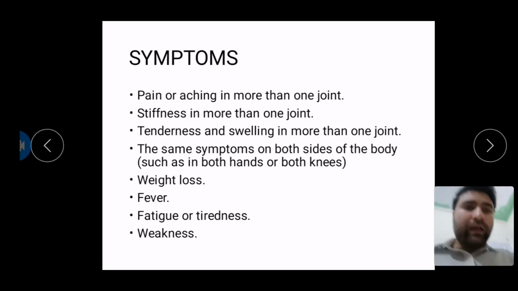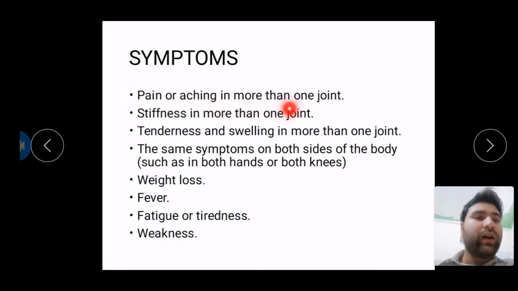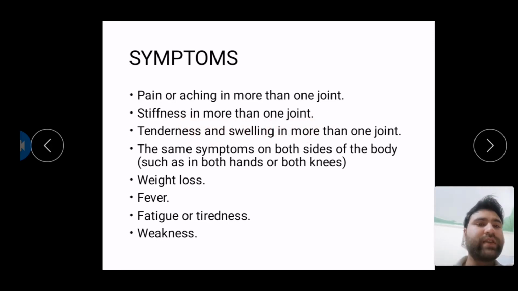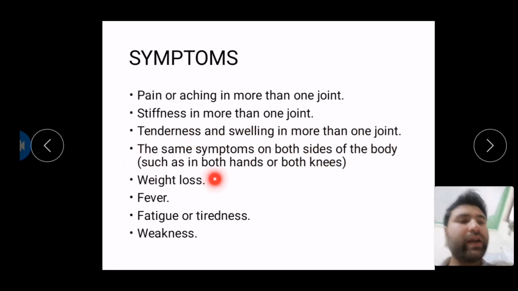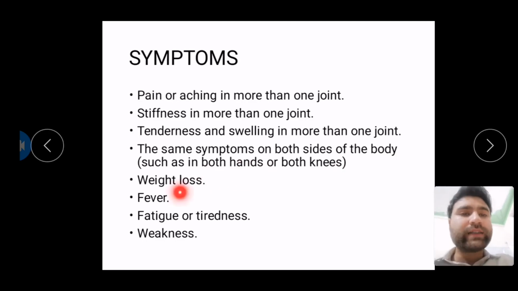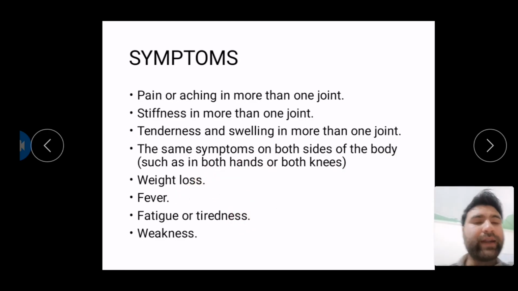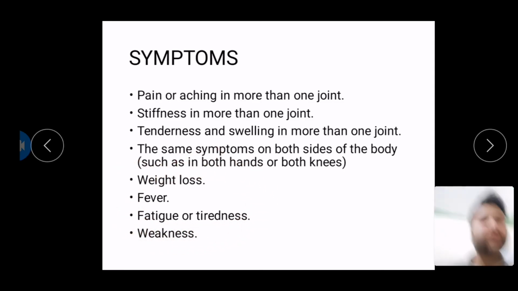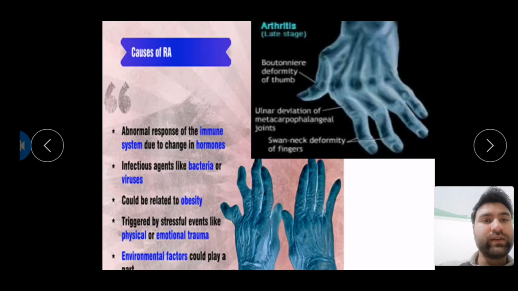Symptoms: pain or aching in one or more joints, stiffness in more than one joint, tenderness and swelling in the joint. The same symptoms on both sides of the body, as I told you that it is mostly a bilateral condition. Weight loss, fever, fatigue or tiredness and weakness. These symptoms occur because it is a general body condition, not limited to only the joints, but joints are most affected.